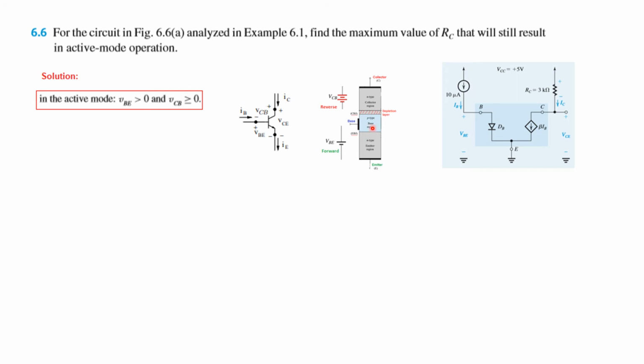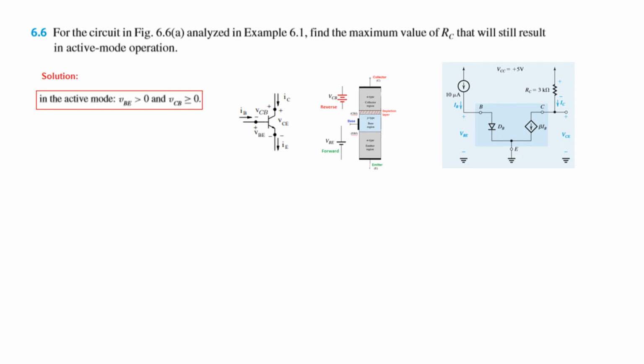We know from this diagram that the base-emitter junction has to be forward biased, and the collector-base junction has to be reverse biased. So N will be connected with the positive battery and P will be connected with the negative battery. So this is the battery arrangement that we should have for the circuit to be in active mode. That means VBE has to be greater than 0, and VCB also has to be greater than or equal to 0.